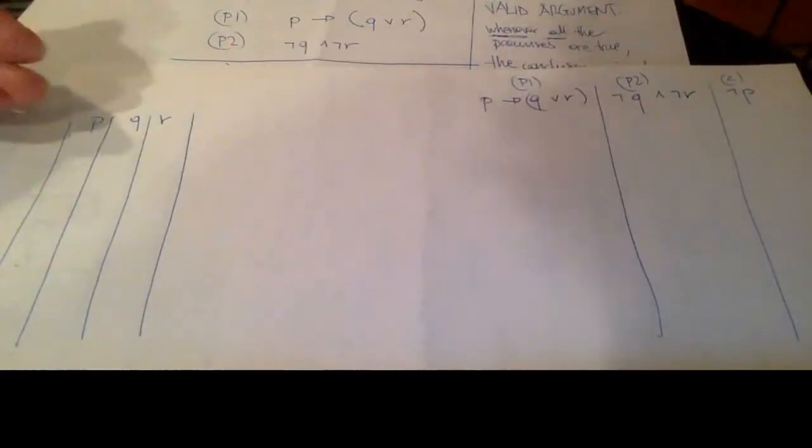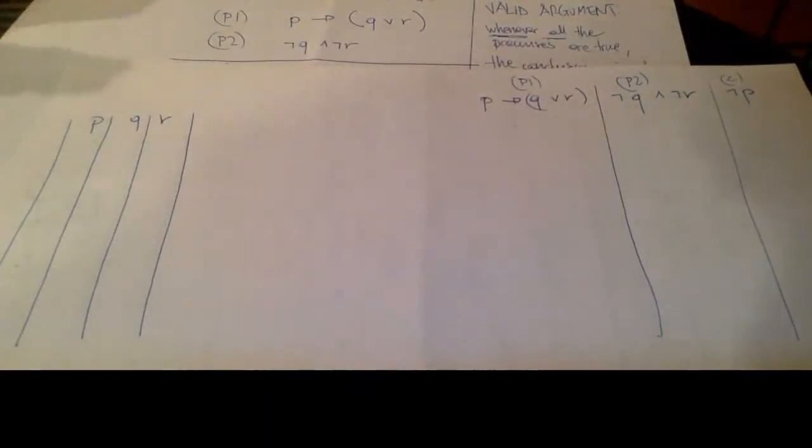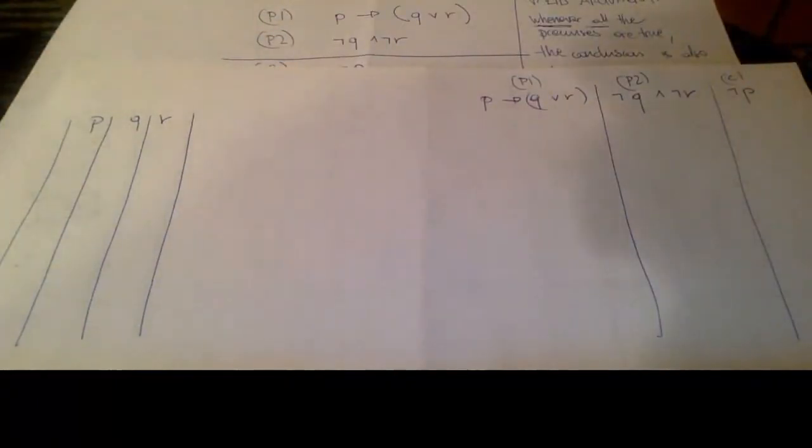And what we need to do is to consider all the possible combinations of truth values that we can give to our three atomic formulas. There are going to be 8 possible combinations, since we have 3 atomic formulas: 2 to the power of 3, namely 8. One quick way to list all the combinations is the following.